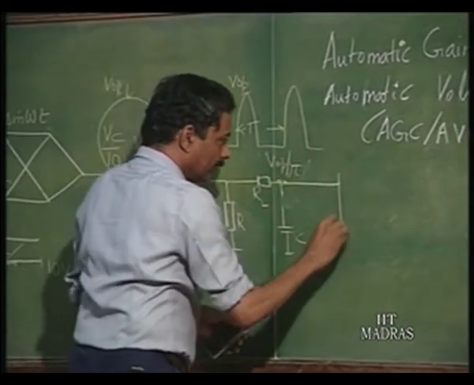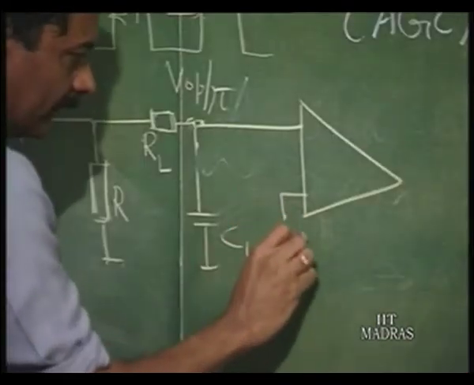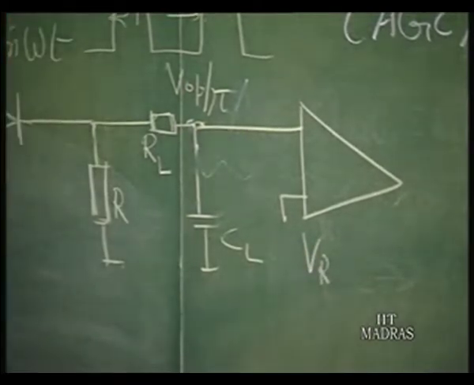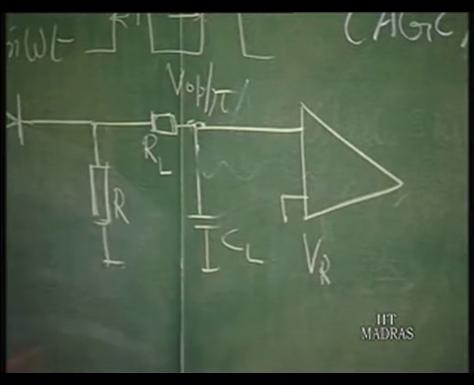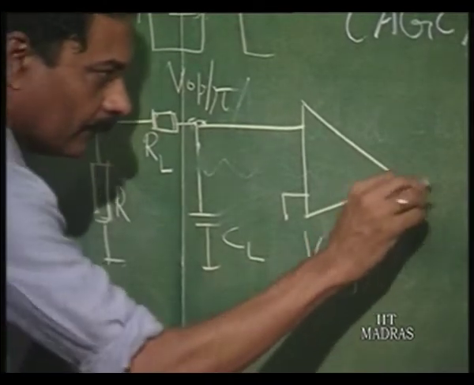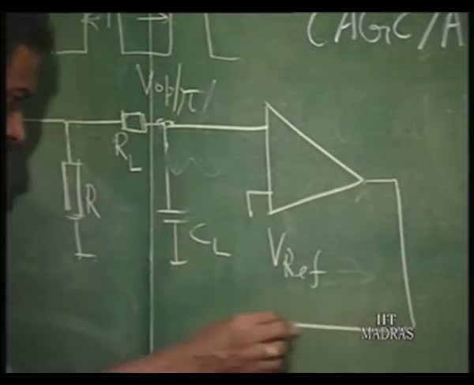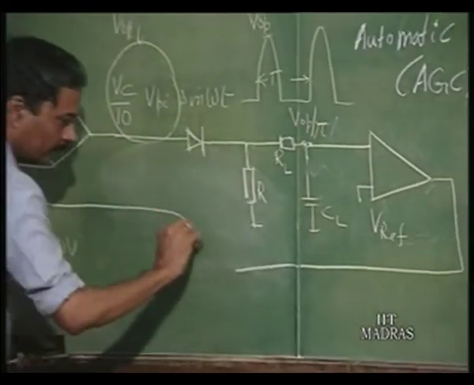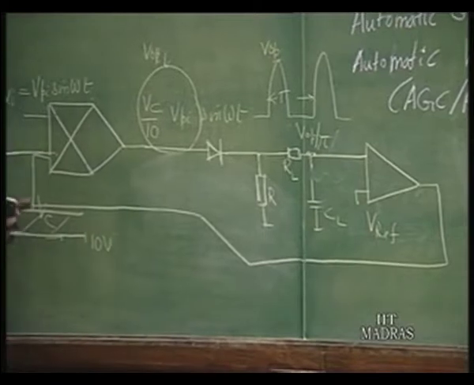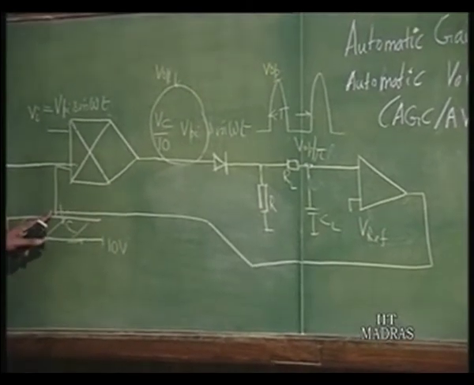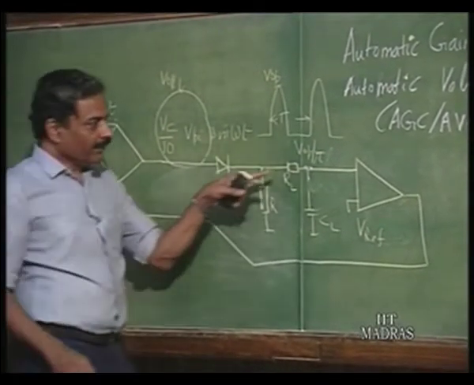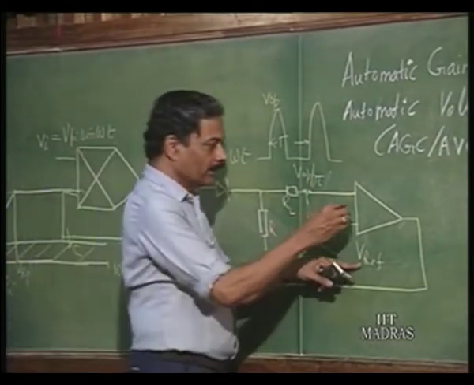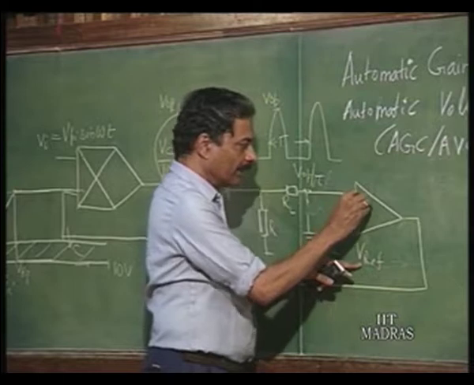I compare this with another voltage called, let us say, V reference, and this voltage I am going to apply to the controller here. So, when this voltage goes above V reference, let us see how to put the polarity.